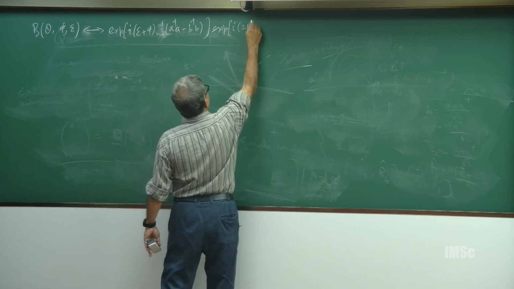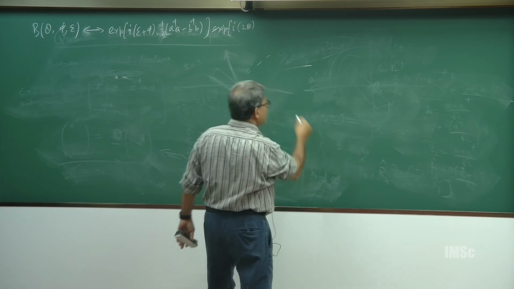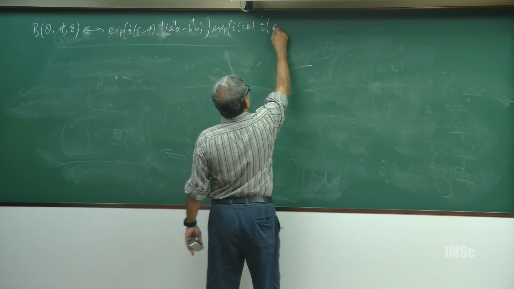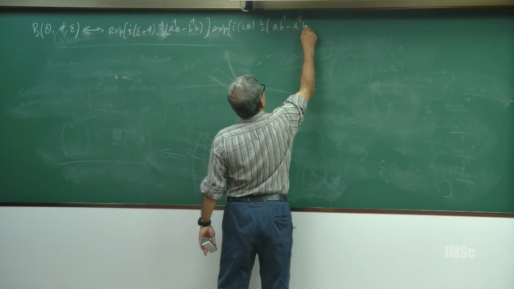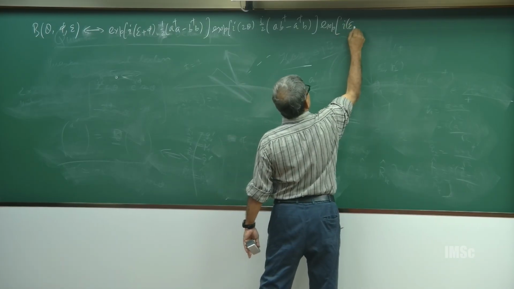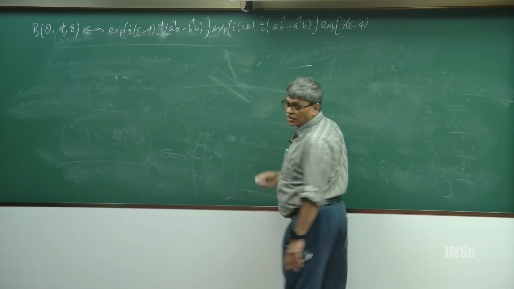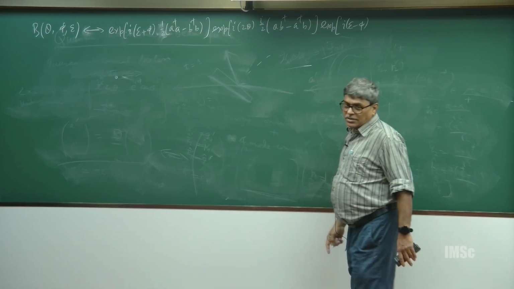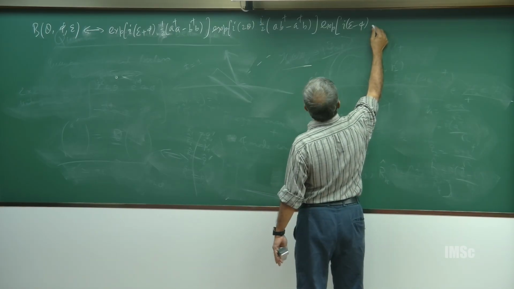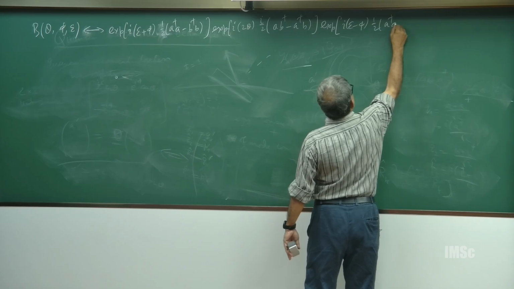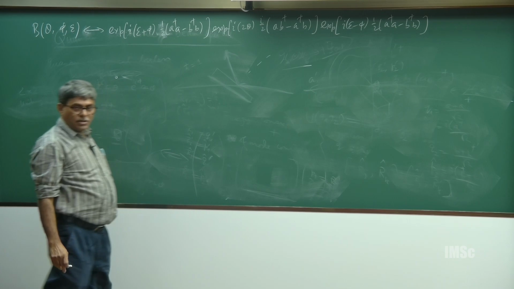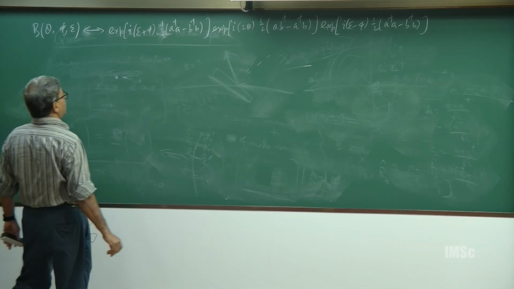And then this is i by 2, A B dagger minus A dagger B, and then exponential of i, epsilon minus phi. And this is half again A dagger A minus B dagger B, right? Okay.